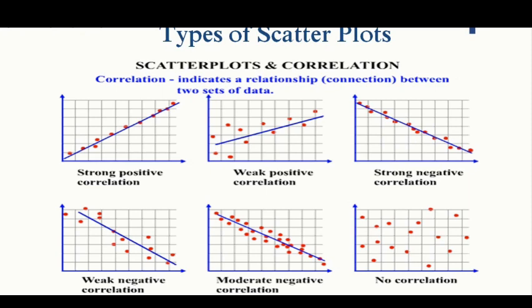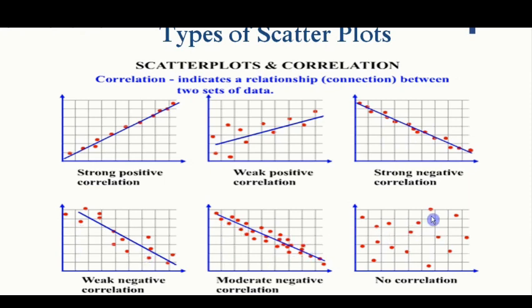So, this is a case of strong negative correlation. On the other hand, one can explain that the trend is negative, but the correlation is not that tight, and therefore it is a case of weak negative correlation. Here it can be moderate, it can be very small.